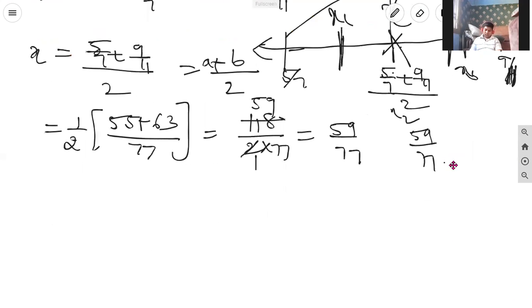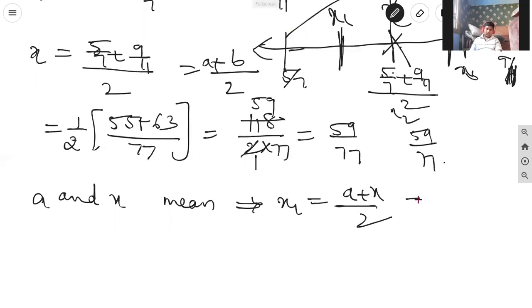Then we are taking A and x mean. Mean means average. That is, x1 equal to (A plus x) by 2. A equal to 5 by 7, x equal to 59 by 77, divided by 2.